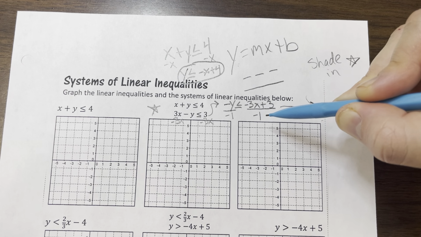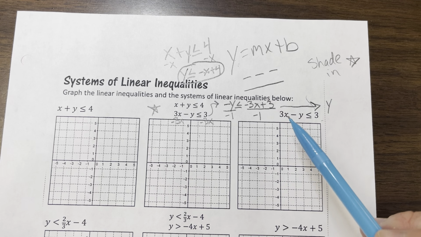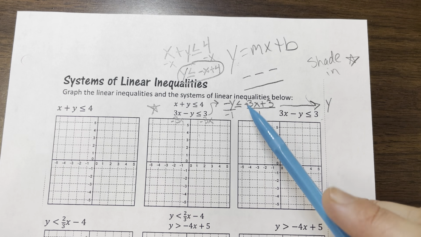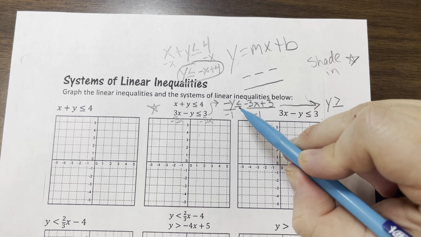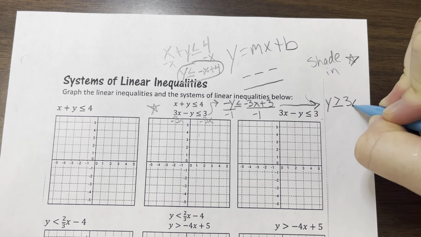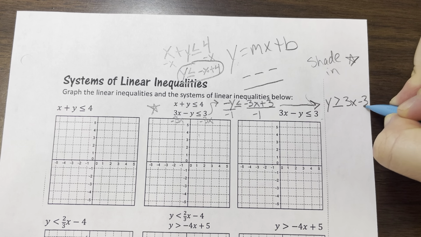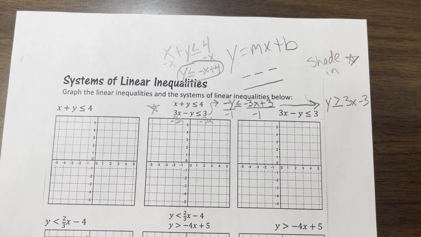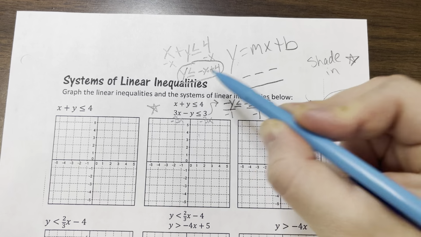Negative 3 divided by negative 1, positive 3. And since we are dividing by a negative number, we've got to flip our symbol around. Okay, from less than or equal to greater than or equal to. So we have positive 3x, 3 divided by negative 1, negative 3. So here's what we're going to be graphing. This inequality and this one here.